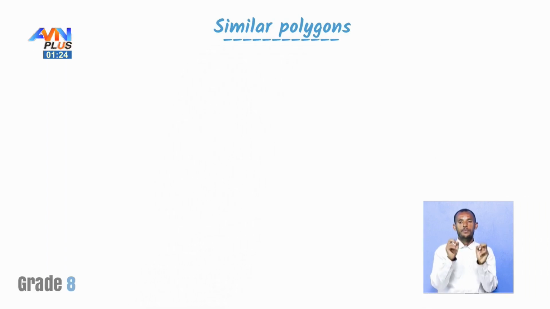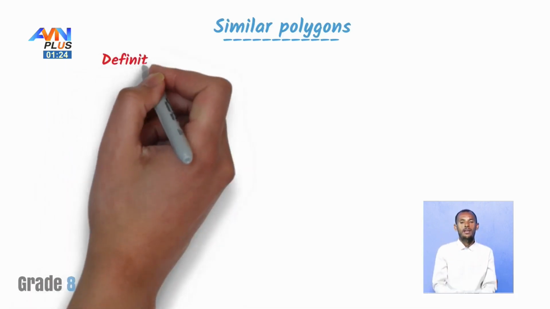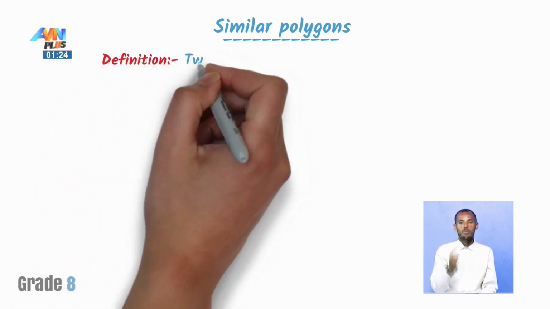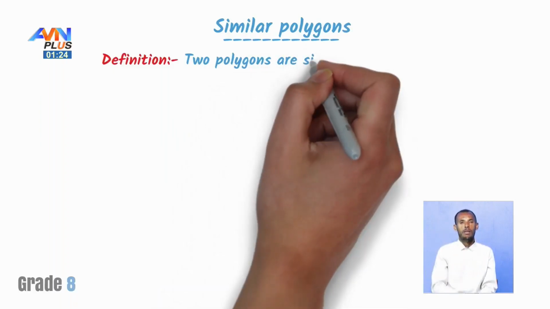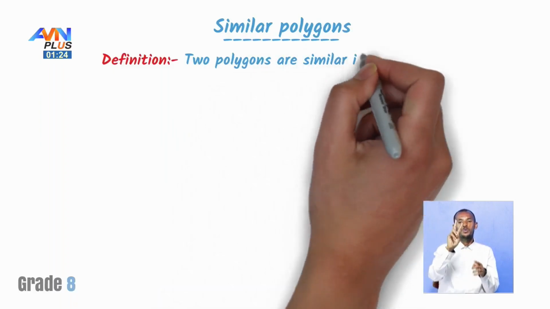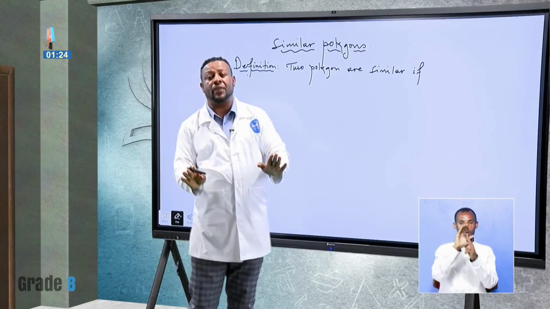Okay, if we have two polygons, we can construct a definition of similarities. Okay, two polygons are similar if two conditions are satisfied.